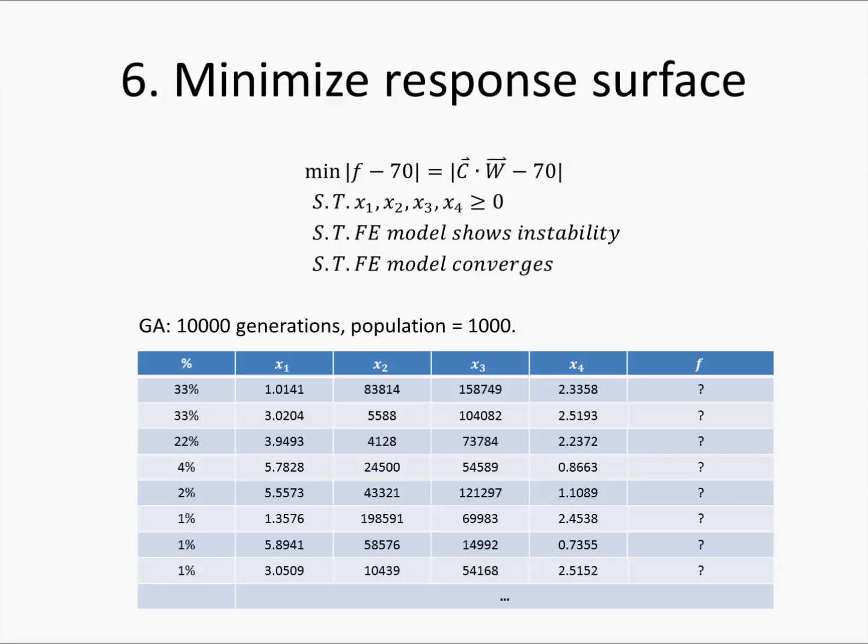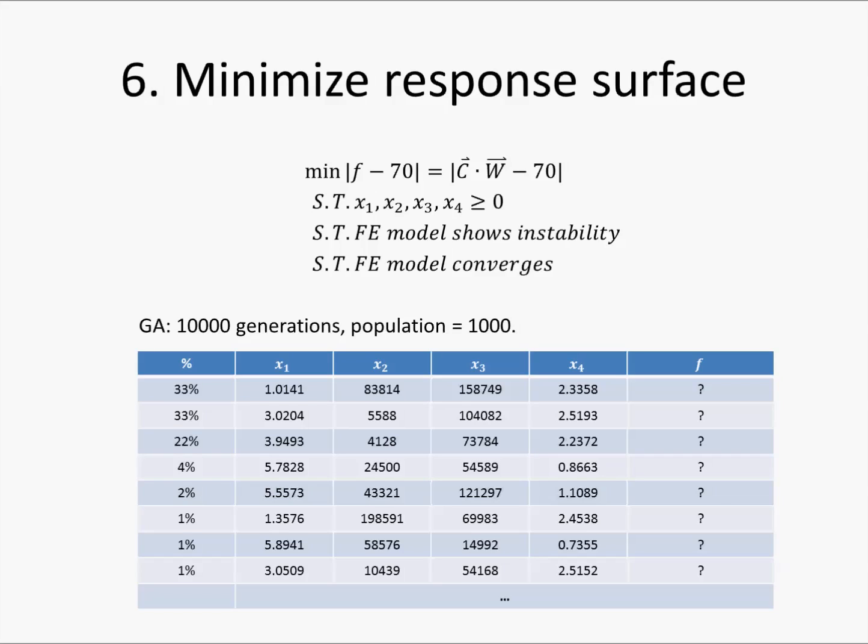I assigned 10,000 generations with a population of 1,000, and I ran the GA 100 times. 33 times, I found the first optimum point: x1 equal to 1, x2 equal to 83,000, x3 equal to 158,000, x4 equal to 2.33. Similarly, I found some other optimum points given by this GA.